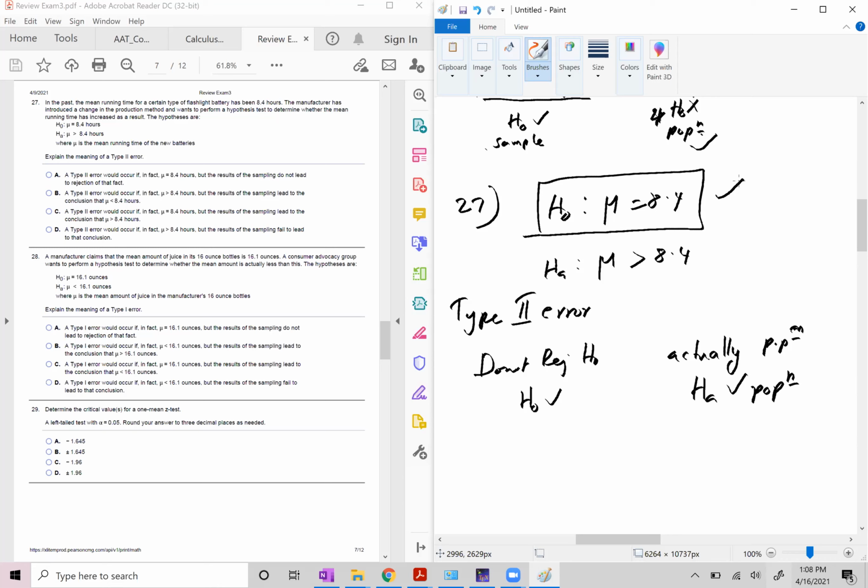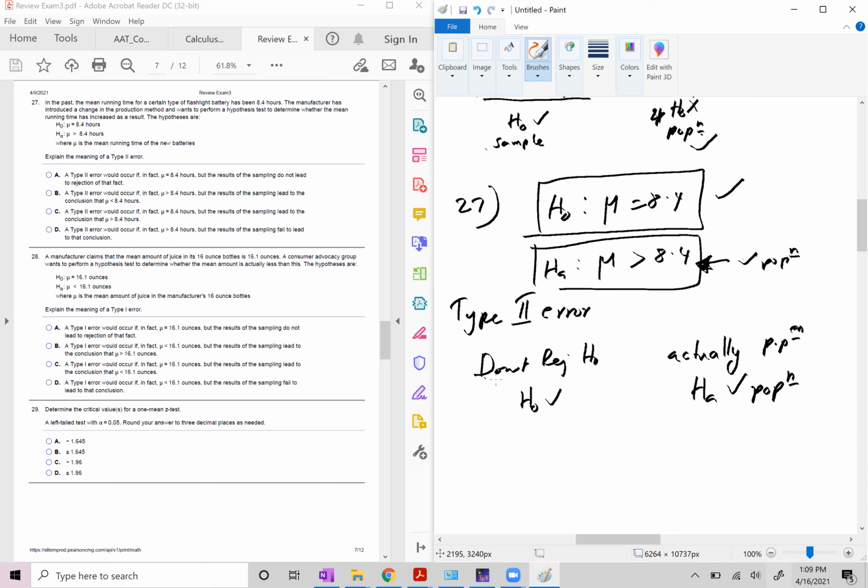But actually, what's going on in the population? In the population, the alternative is correct. We should have taken this, but our sample accidentally gave us a wrong answer, right? A perfect thing would be saying this is correct, which means rejecting the null, but we fail to reject the null here.